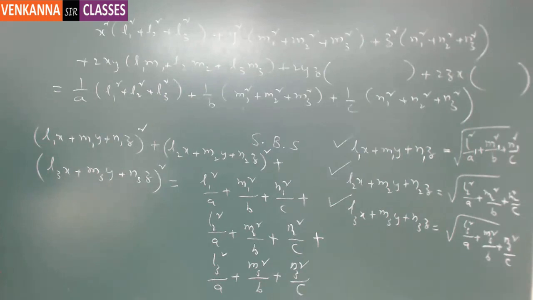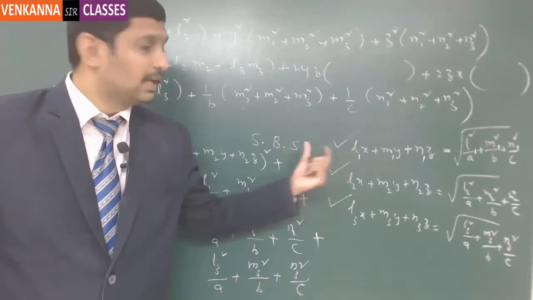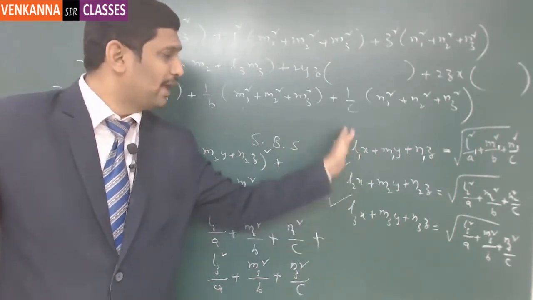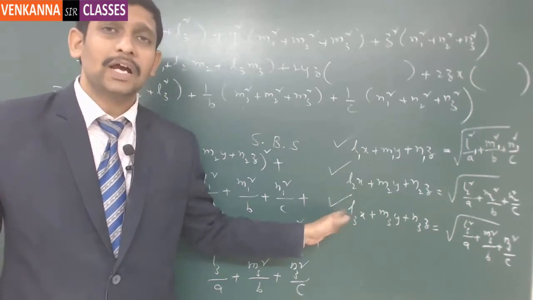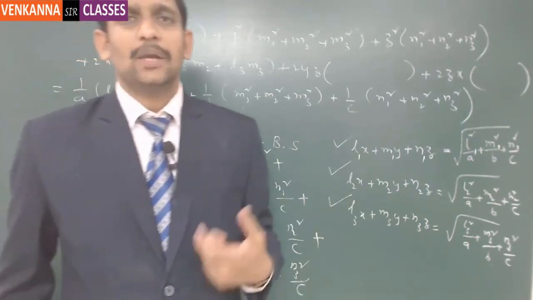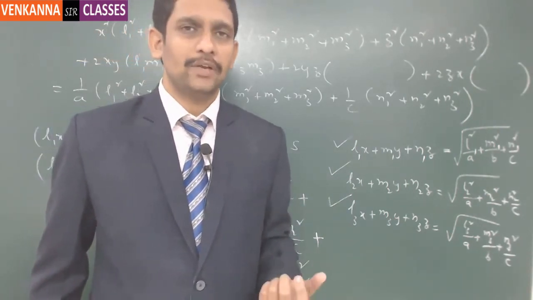Anybody has any doubts with regard to this, you can ask. All right. Now, please understand that l, m, n values are DCs and the set of values you are taking are mutually perpendicular. So you have studied the properties of the DCs earlier at +2 level.